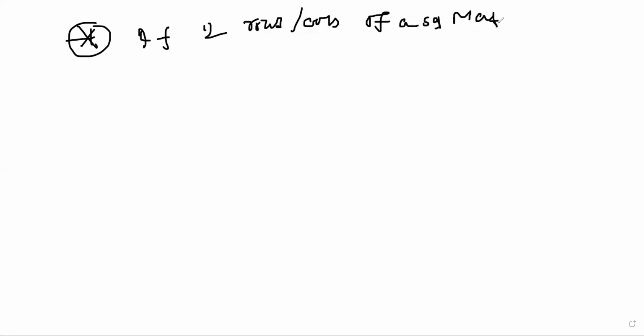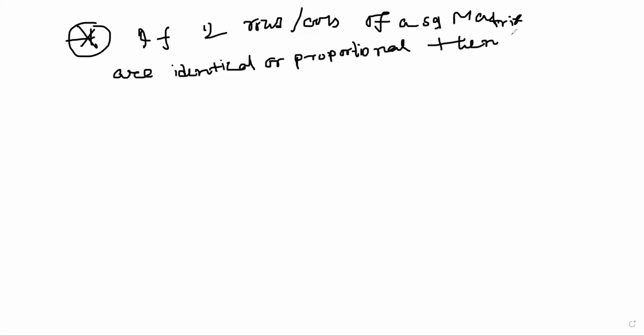So the next one is, if two rows or columns of a square matrix are identical or proportional, then the value of the determinant is 0.